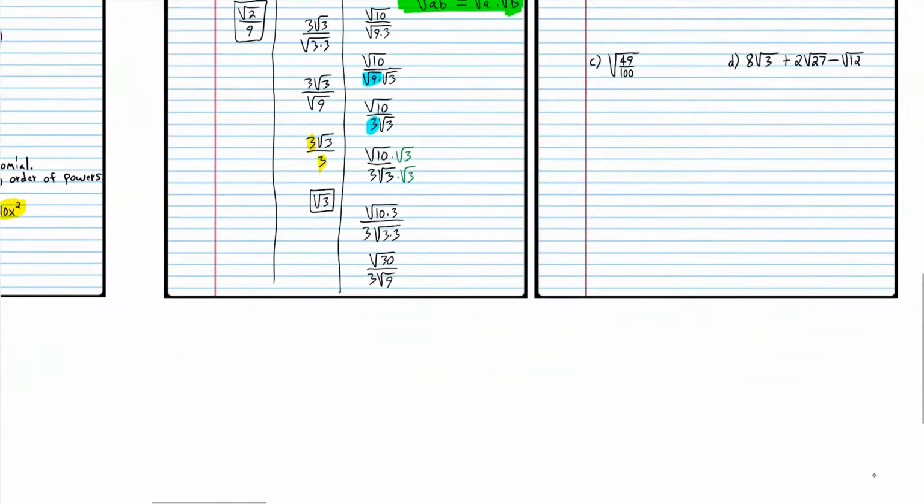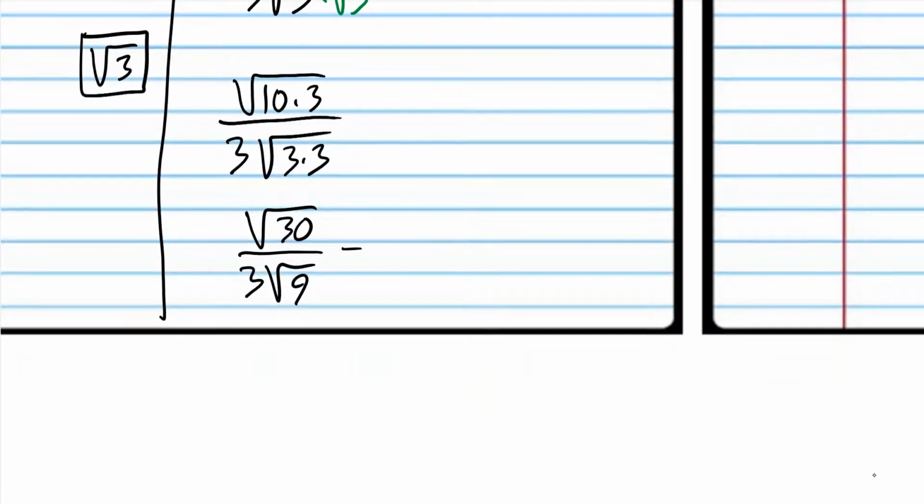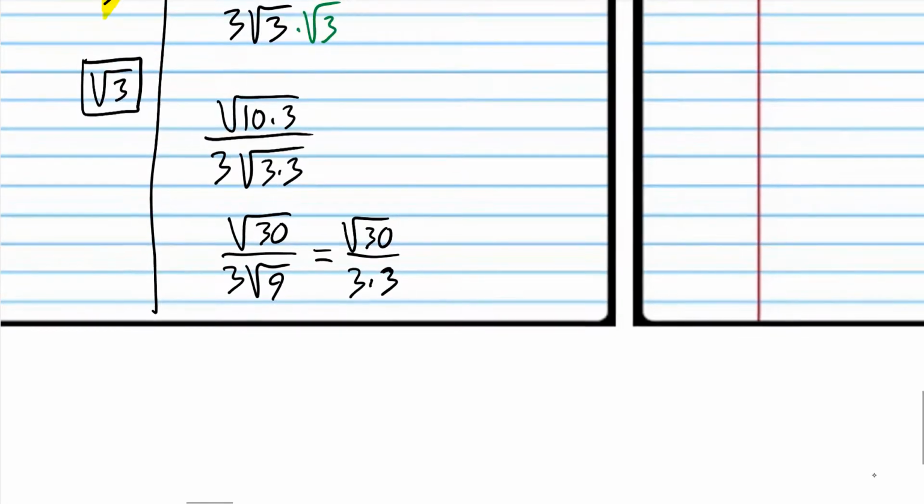And you see where we're going with this. Root 9 is just equal to 3. So what number times itself is equal to 9? That's 3. And here we go. We're almost done. Root 30 over 9.